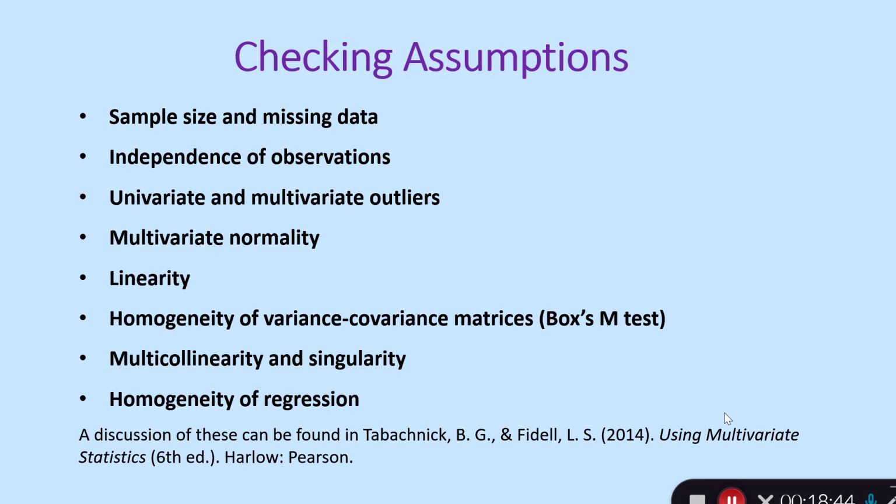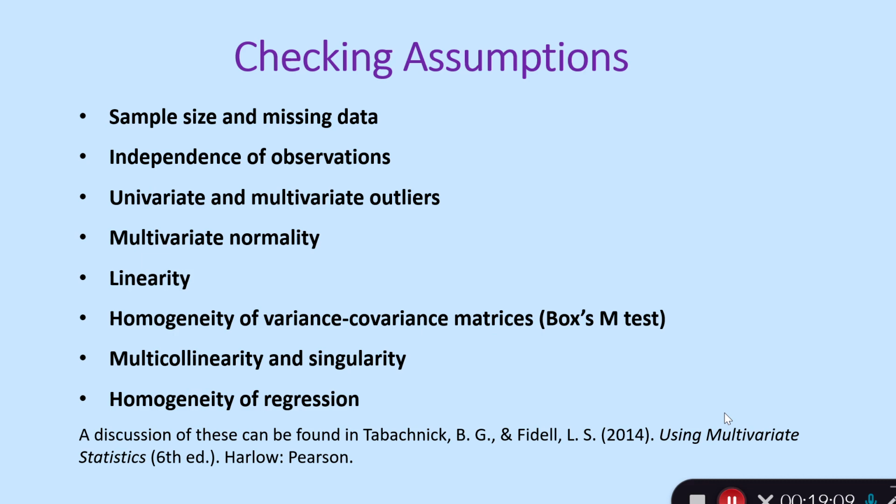Okay, so checking assumptions. As with ANOVA, factorial ANOVA, and multiple regression, with this type of multivariate test we're looking at here with MANOVA, there are several assumptions that we must check, and I'm not going to cover all the ones on this slide in detail.